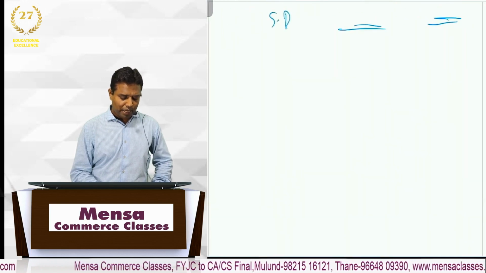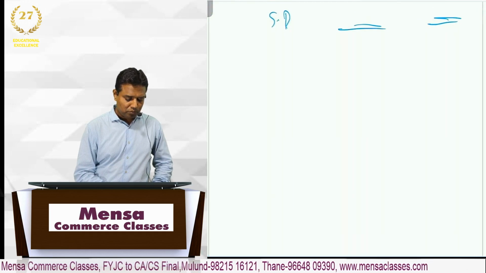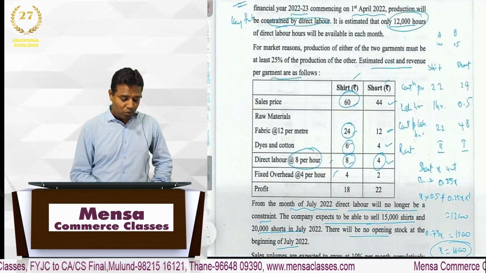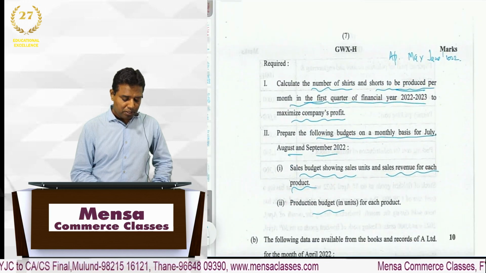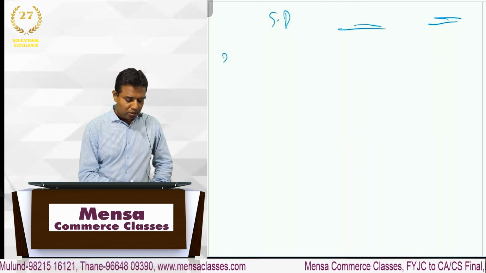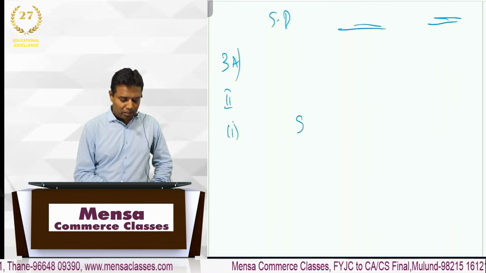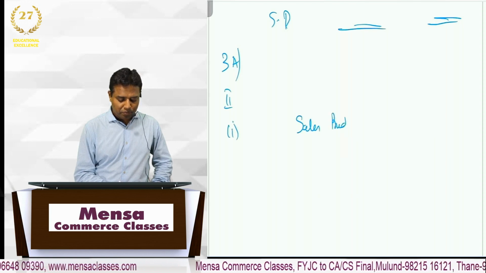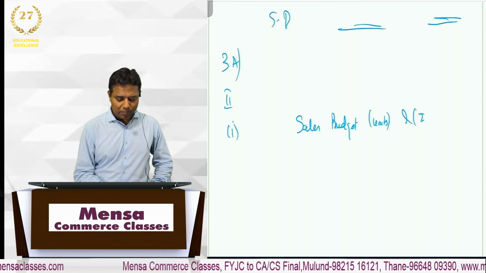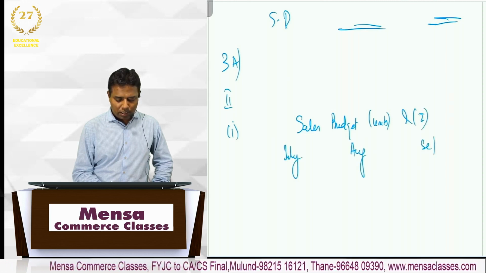So that is your question number 3A, sub question number 2.1. So 3A, sub question 2.1, the sales budget in units and in rupees.